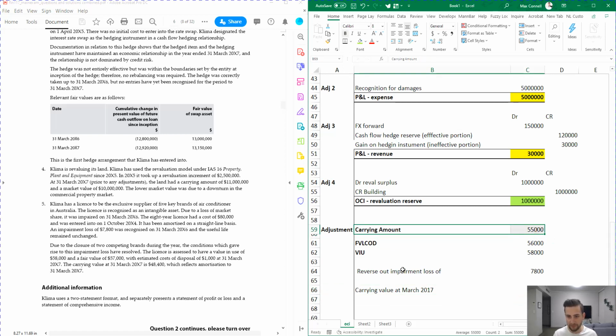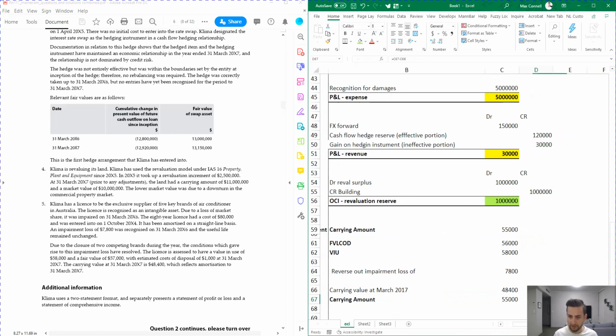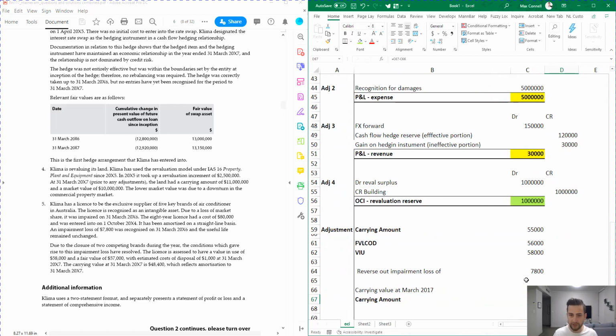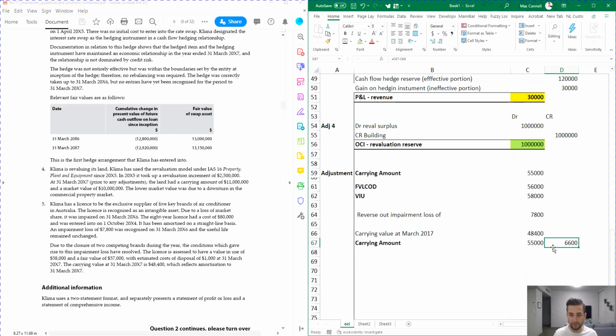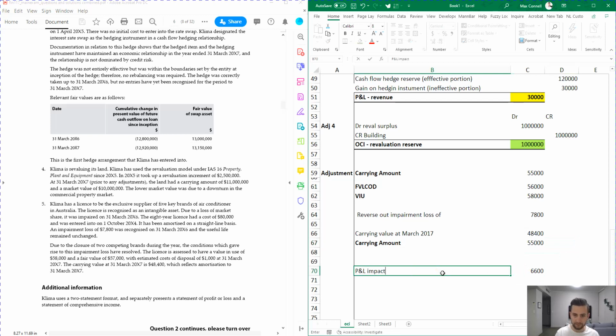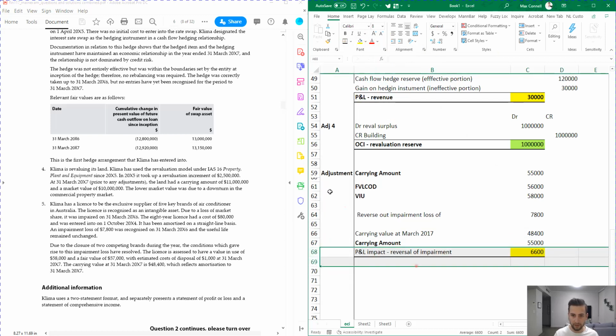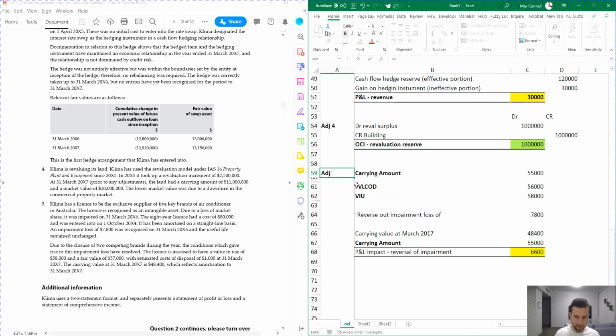We can't impair it above the 7,800. So the difference between 55 and the 48 is actually 6,600. So of that 7,800 impairment loss, we can only actually reverse out 6,600 of it. So that's basically what we're going to reverse into our P&L. I'm going to color it yellow, so we know that it's going to the P&L. So that's the end of adjustment 5.